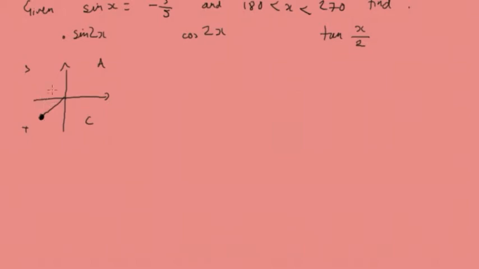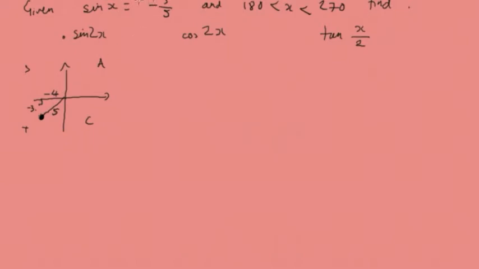So for this, this would be our value for minus 3, and this would be 5, sorry, and using Pythagoras, you'd get minus 4 here.